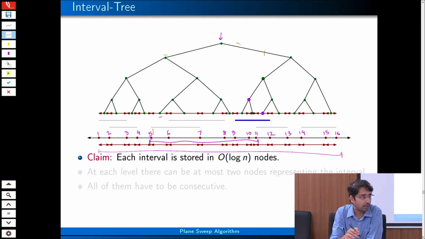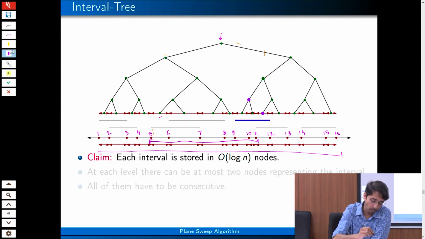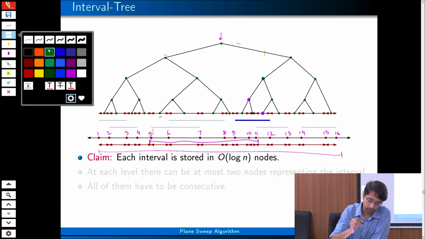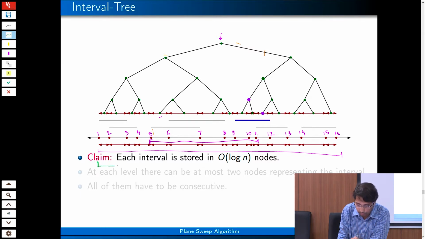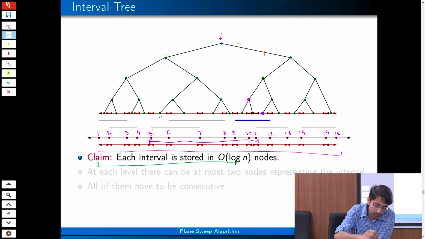Does the interval appear in the left side? So what is the interval in the left side? The interval in the left side contains from here till here. Does it participate in the left side? Go to the left side. So where is your purple interval?